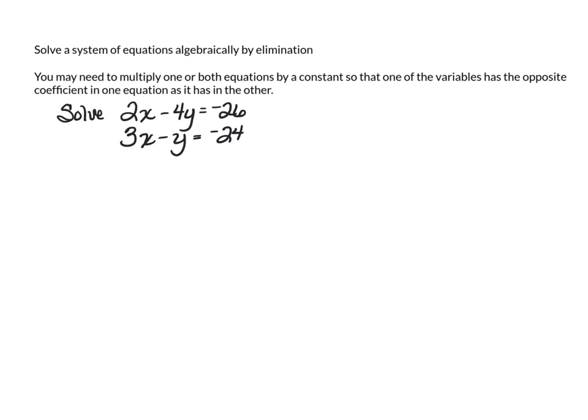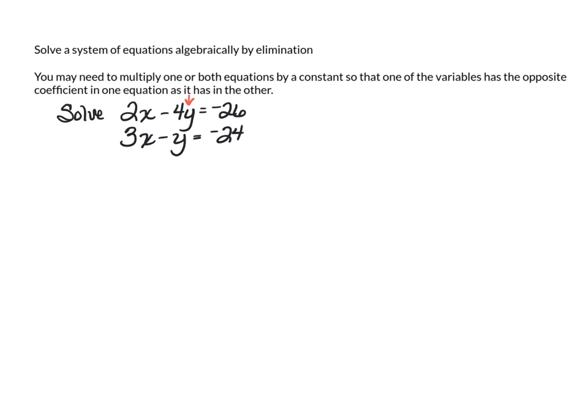Okay? So for our first example, we're asked to solve 2x minus 4y equals negative 26 and 3x minus y equals negative 24. The first thing I want to do is stop and take a look at these equations. I notice that if I'm paying attention to the y variables, I have a negative 4y in one equation and a negative y in the other.